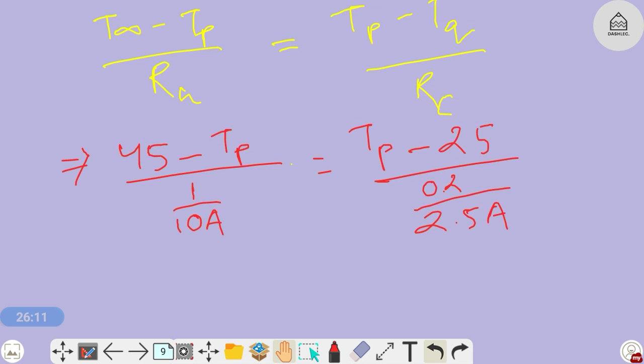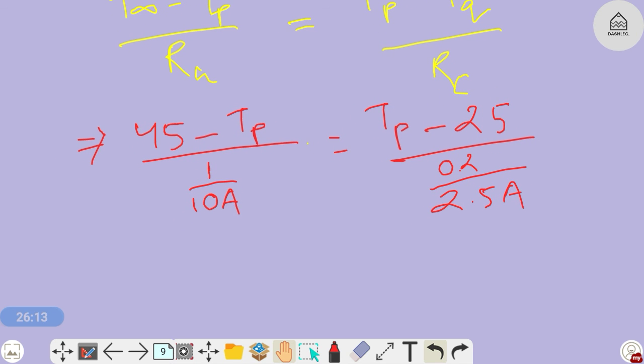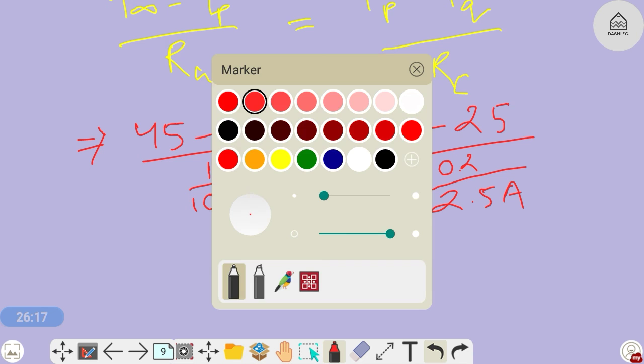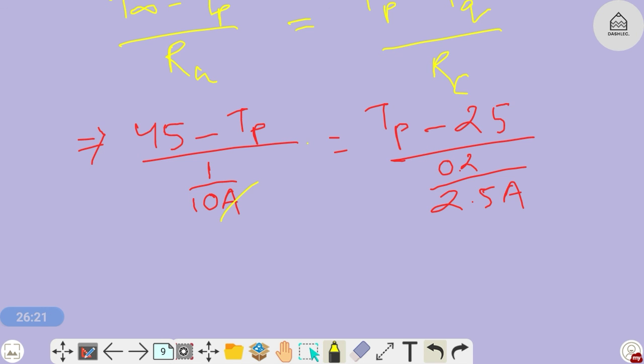Again, in this expression there is only one unknown. The A and A will be cancelled out. You may think, how can I cancel them? Actually, they will go to the numerator, and from there they will be cancelled out. So again, very simple.